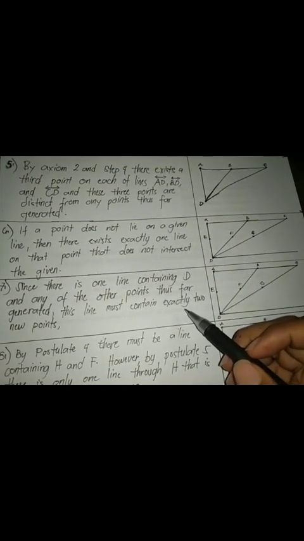By axiom 2 and step 4, there exists a third point on each of the lines AD, BD, and CD. And these 3 points are distinct from any points thus far generated.